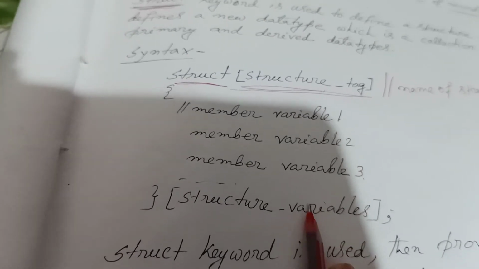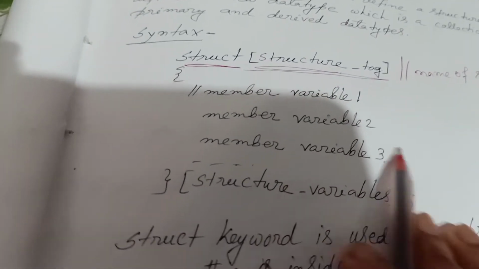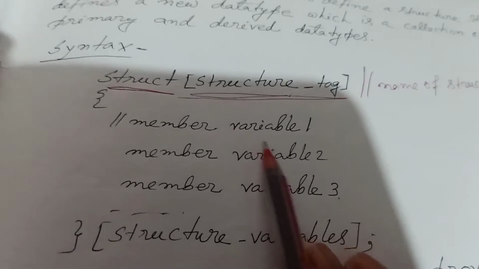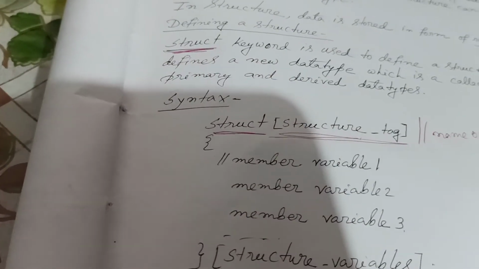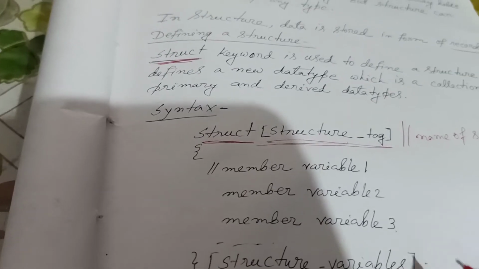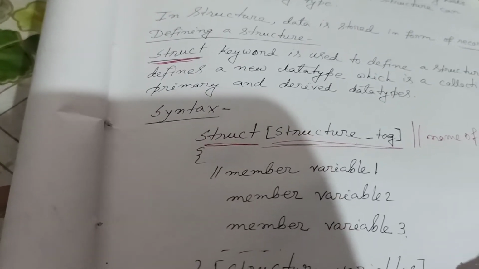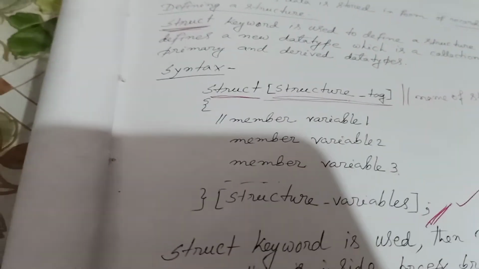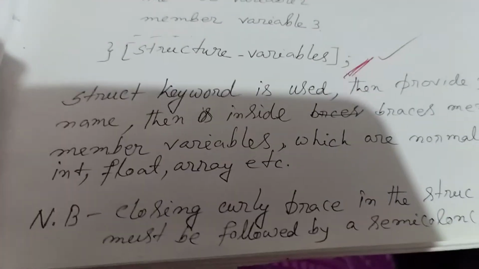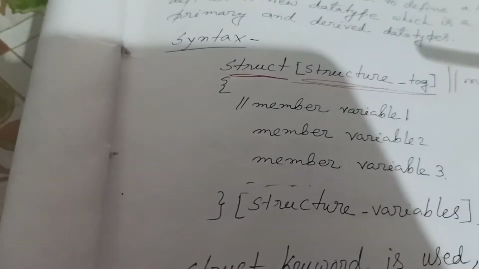Okay, that means the C program will not be able to execute this structure. So after defining a structure, putting a semicolon is mandatory. Okay, put the semicolon.